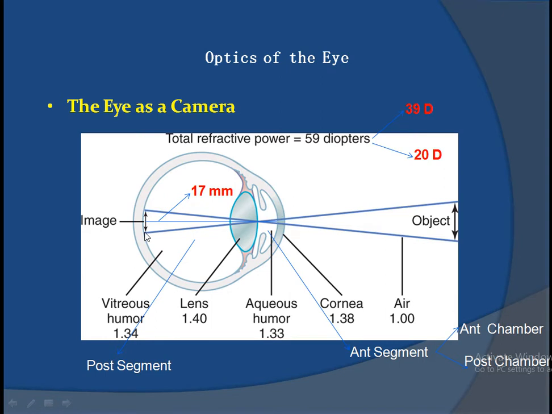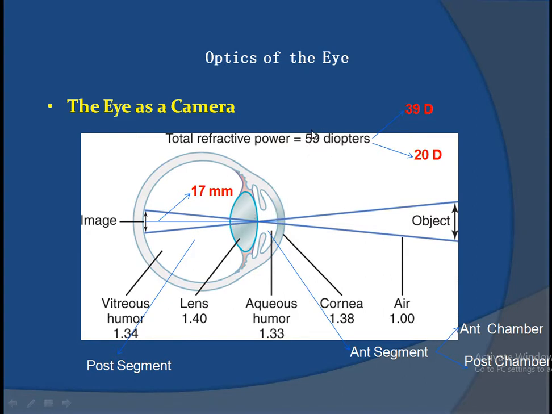finally coming to the retina. Regarding the refraction, if we calculate which surface offers how many diopters, the total comes to 59 diopters, further divided into the refraction caused by the anterior surface of the cornea, the posterior surface, then the lens, and then finally reaching the retina.